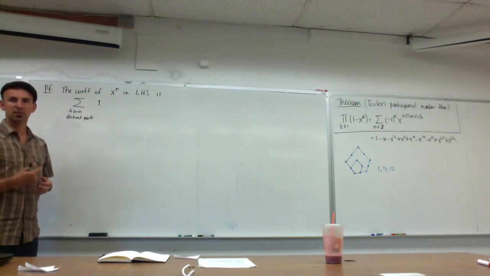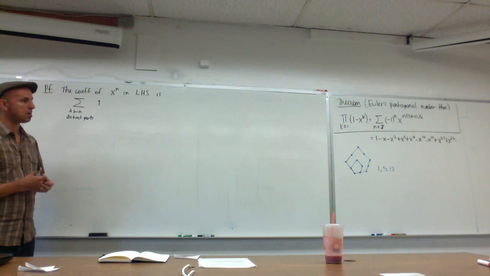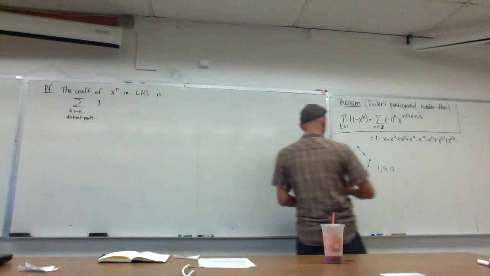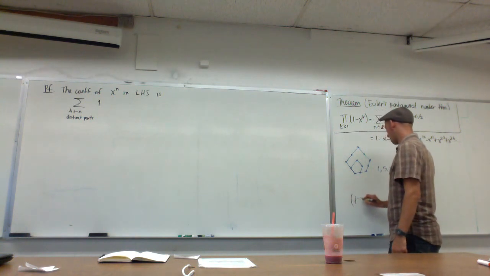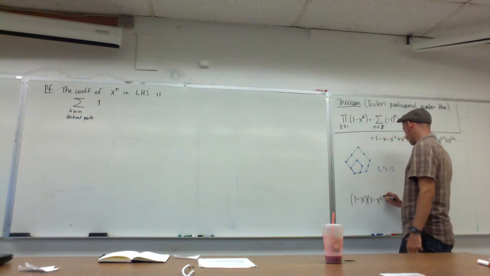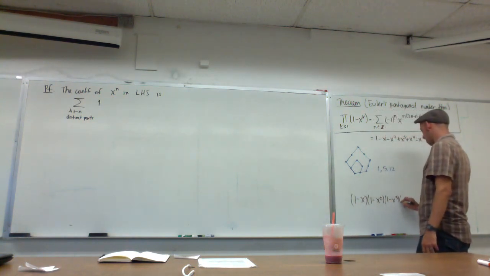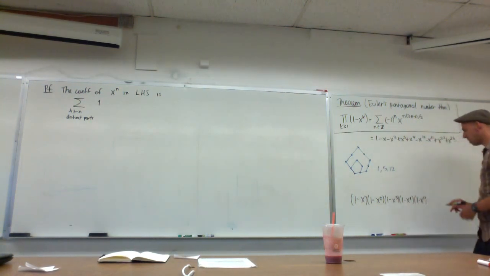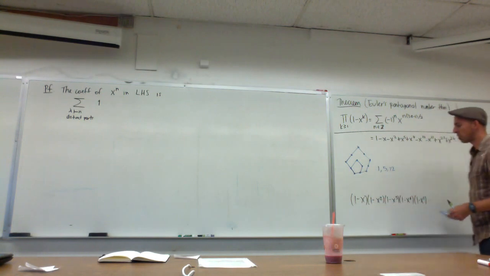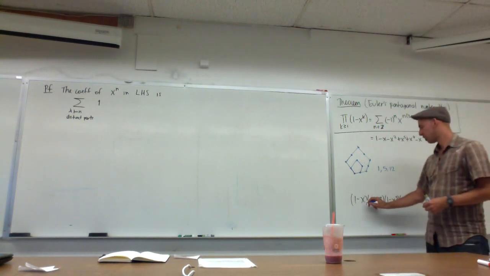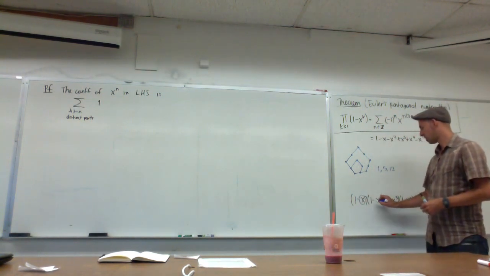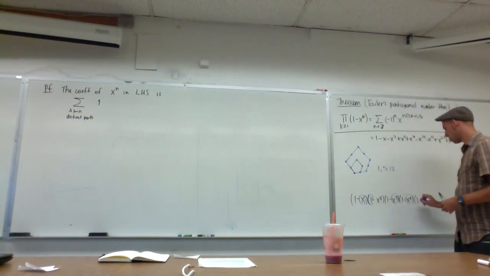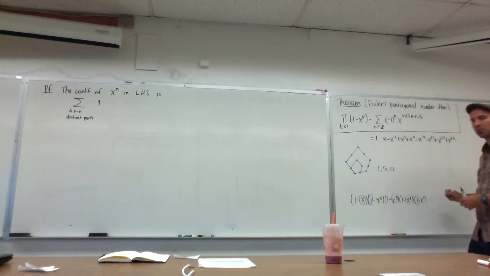But I have these minuses, right? And what those minuses do is this. Imagine that I put 1 minus x squared, 1 minus x cubed, 1 minus x to the 4th, etc. And I'm supposed to take a term out of here. So let's say that I chose this term, and then this term, and then this term, and then this term, and then I choose ones from there on.